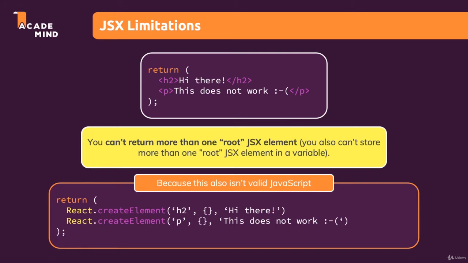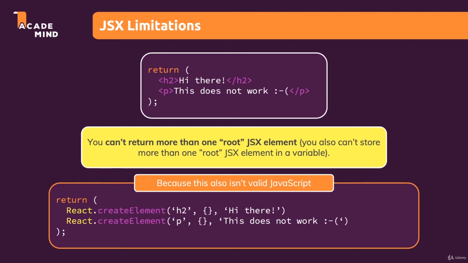And that's something I had a closer look at in the basics module, where we explored how JSX translates into React create element calls. But because of that natural limitation of JavaScript, we must only have one root JSX element.